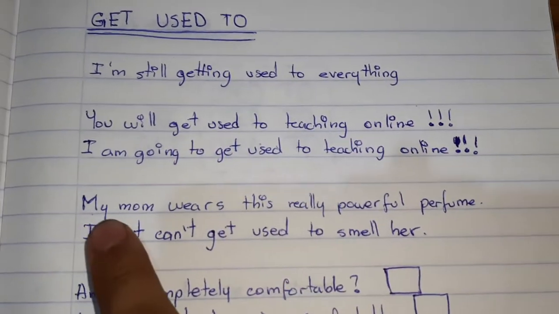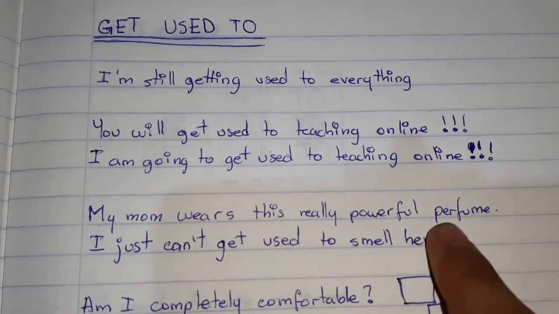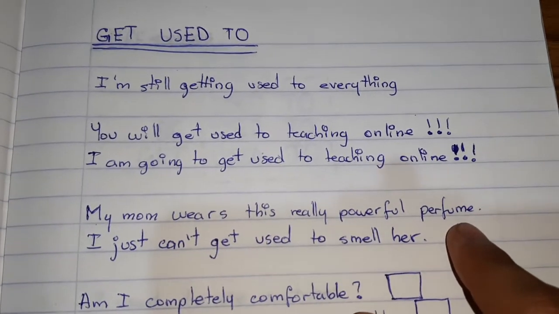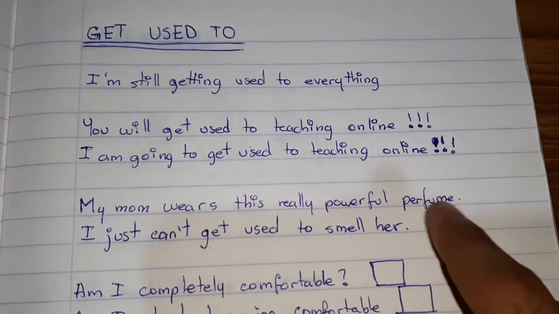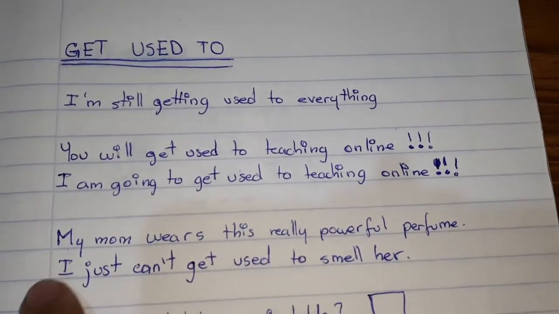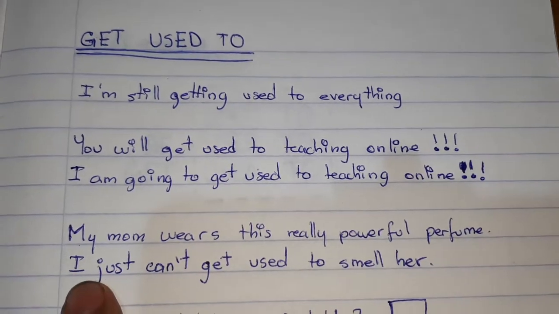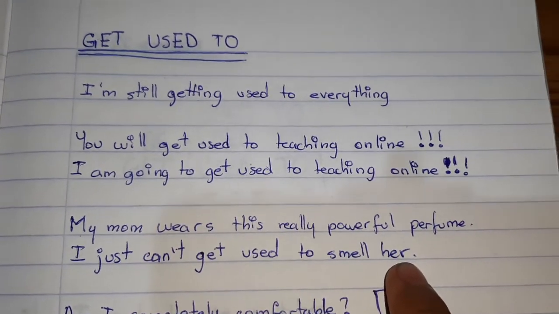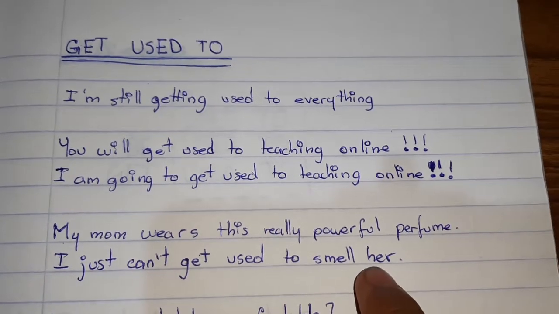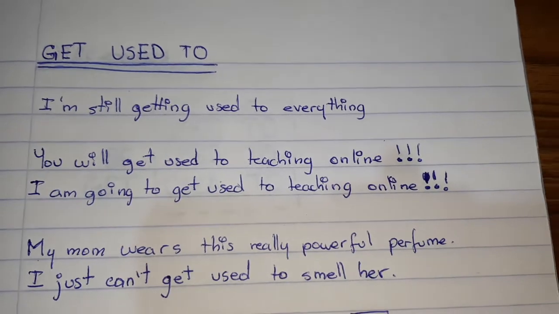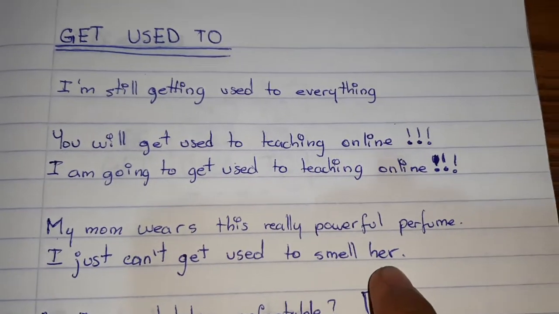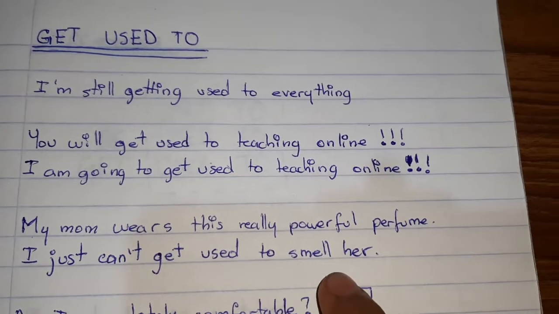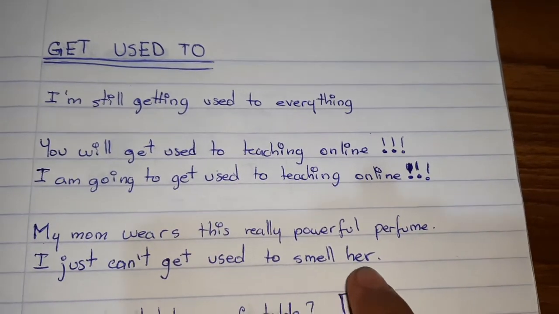Okay. My mom wears this really powerful perfume, or maybe your girlfriend, your wife. It could be another person. Remember that we can change all the subjects. I just can't get used to smelling her. So it could be this, because we cannot get used to her smell.